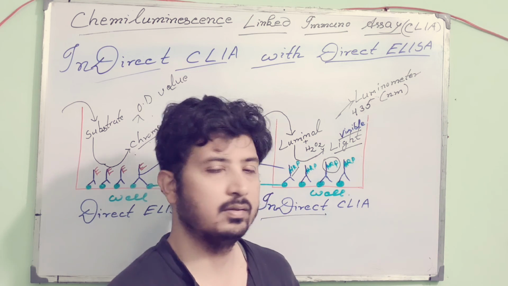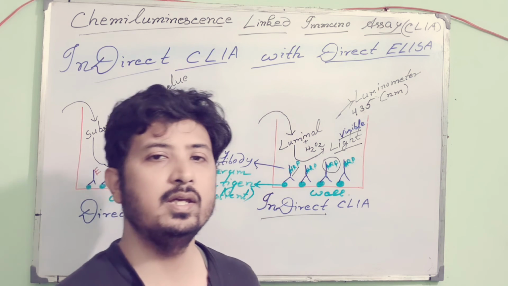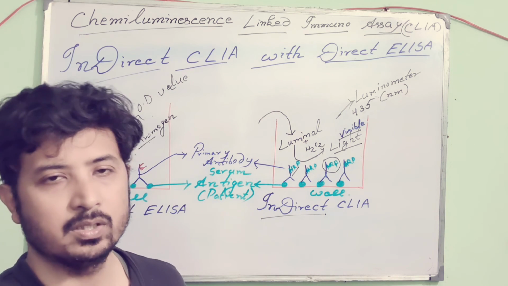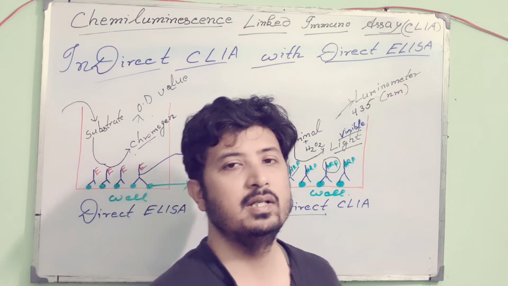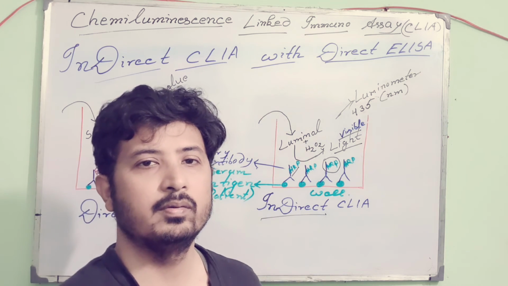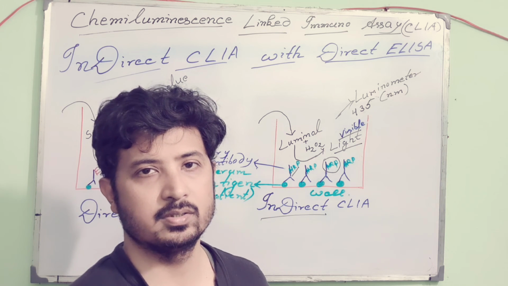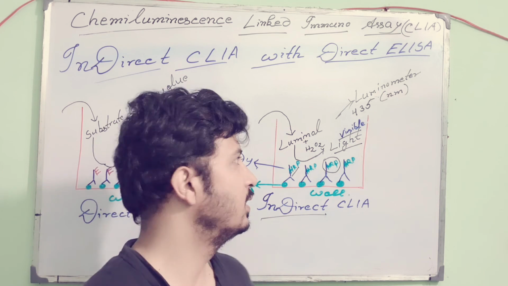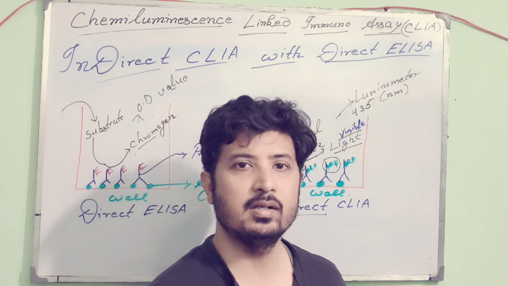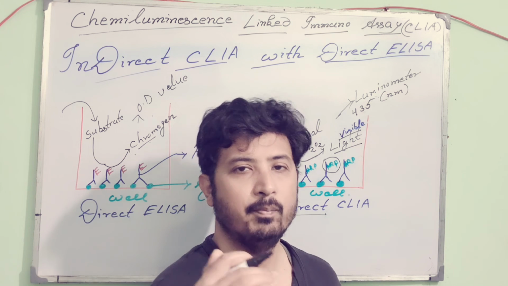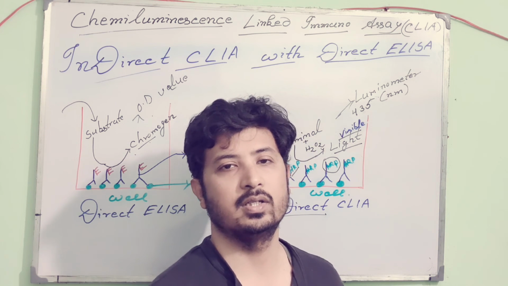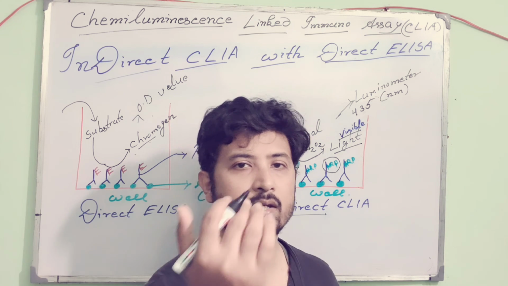So CLIA is no doubt a very efficient method, but for cost-effectiveness reasons we use ELISA for most experiments. Don't forget that the principles of CLIA are similar to ELISA, but the detection principle is different in CLIA.